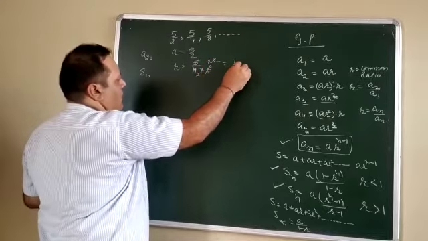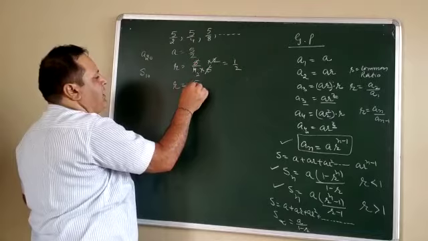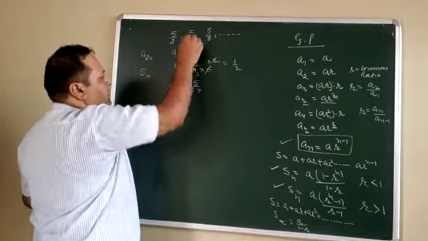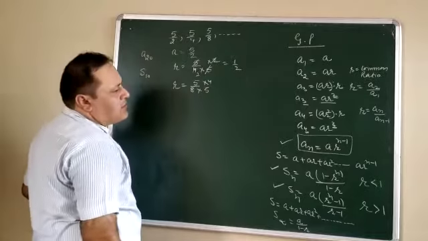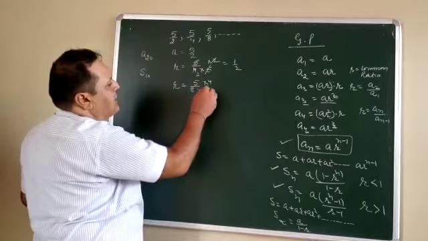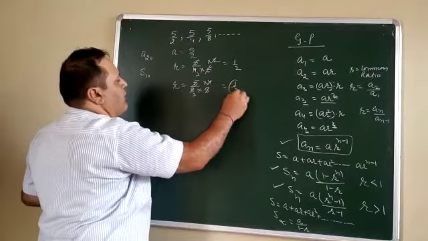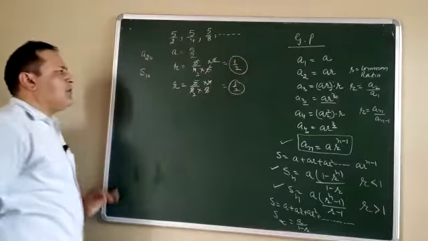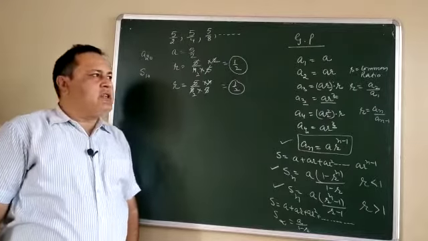It is 1 by 2. Or you can confirm with the third term, 5 by 8 divided by 5 by 4, second term divided by first term, or third term divided by second term. You observe 5 gets cancelled, it is 2, so it is 1 by 2. In both cases the common ratio is the same, so we can say the sequence is in GP.